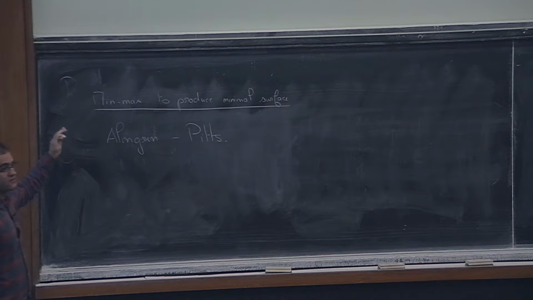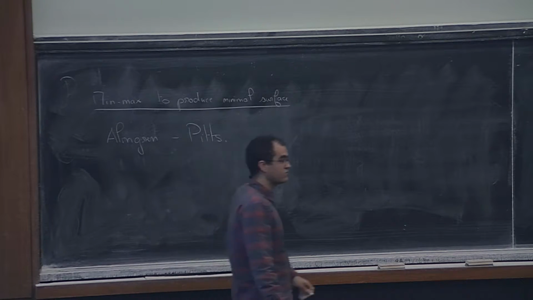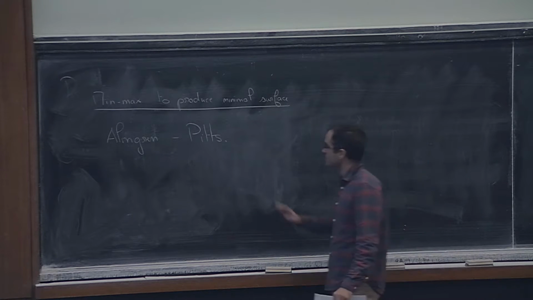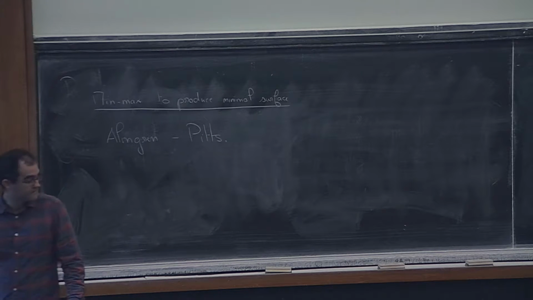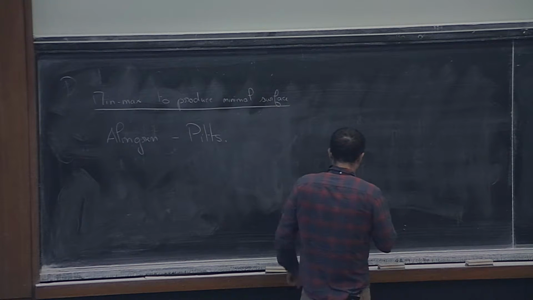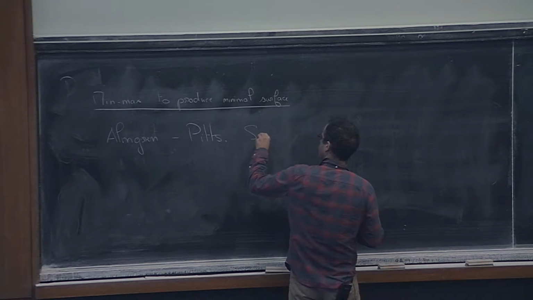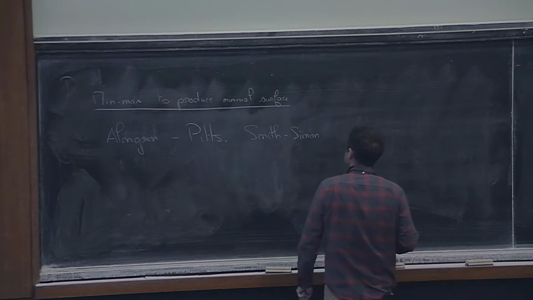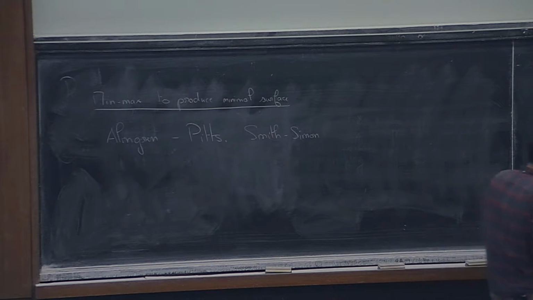You have also the work of Smith, more or less at the same time, and Simon, which improve a bit the theory of Almgren and Pitts in order to construct two-dimensional spheres in three-dimensional spheres which are minimal.